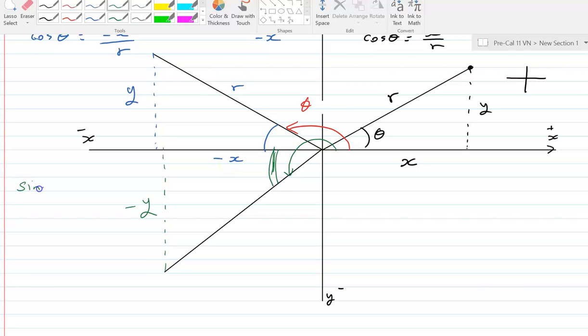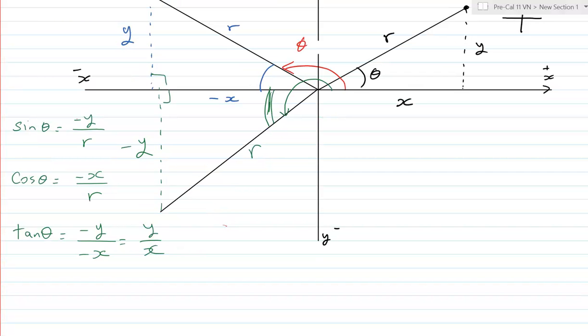So sine of theta, in quadrant 3 now, even though we're using theta, we're actually using the reference angle, is minus y over r, cos of theta is minus x over r, and tan of theta equals minus y over minus x, and that will end up being y over x.